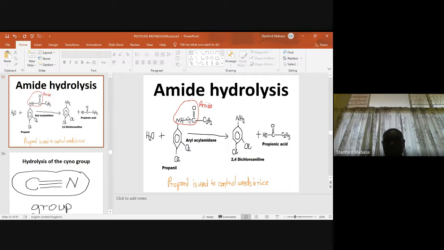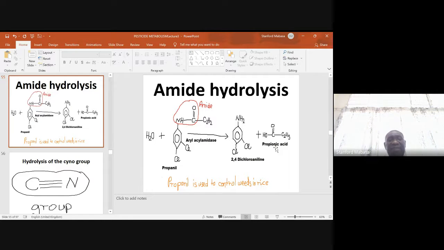Then the addition of water will cause it to form an amine here plus an acid. So please note that we could have other pesticides having such a structure, and these pesticides are likely to undergo the same fate.